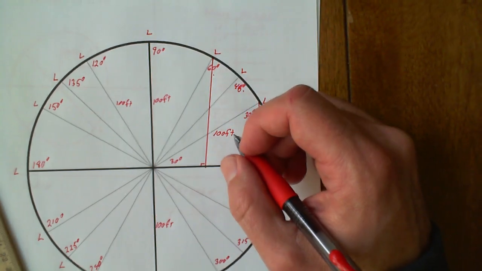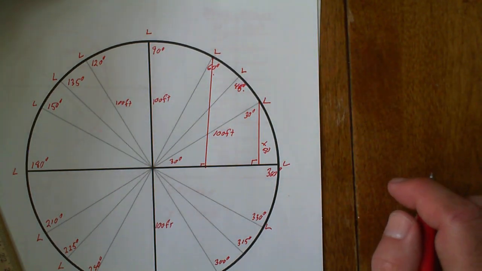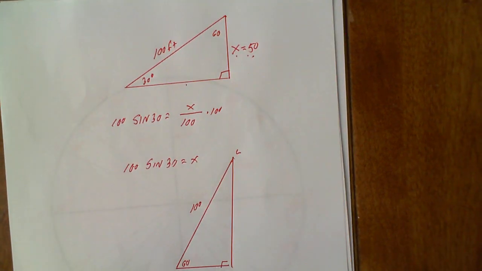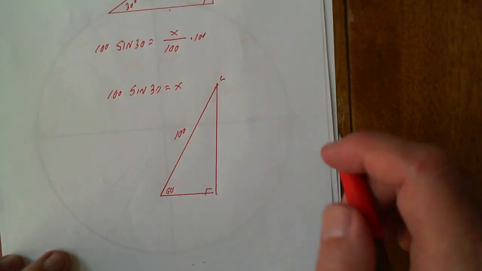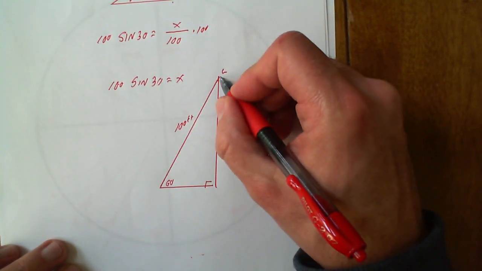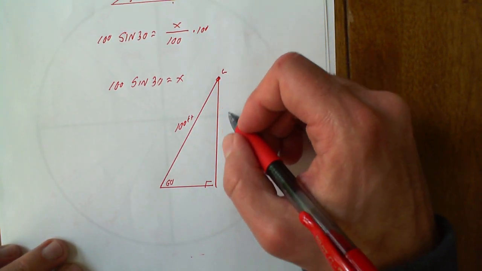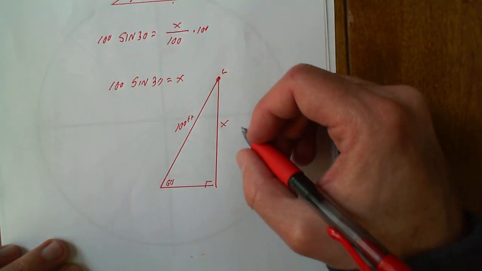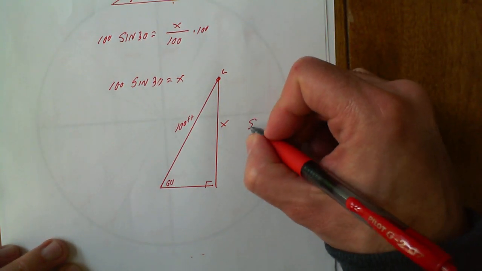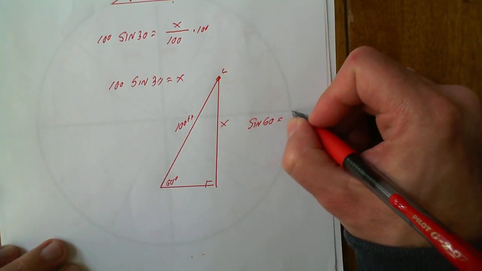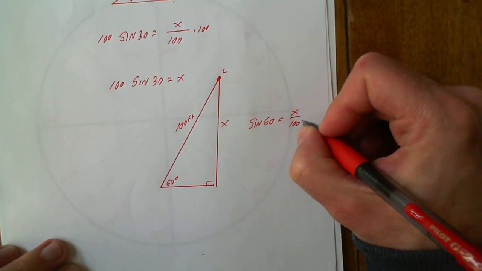Well, let's draw the triangle and see. It's obviously going to be higher. Okay, so now here we go. This is 100 feet here, right? We're up here. Here's the guy. How high is he? There's my x. So we're going to set up our equation. We'll write it over here. Sine of 60 equals x over 100.